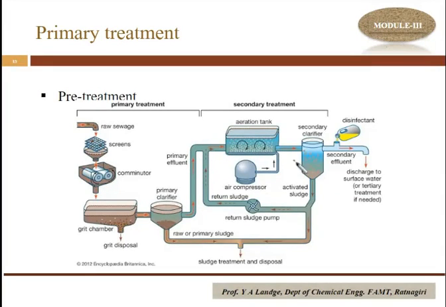Obviously we are using air in the aeration tank, and here there is a growth of microorganisms. The microorganisms are growing in this tank, and from here the flow moves again to the secondary clarifier. Now the question is, why is the secondary clarifier required? As I said, in the aeration tank there is decomposition of the organic matter.